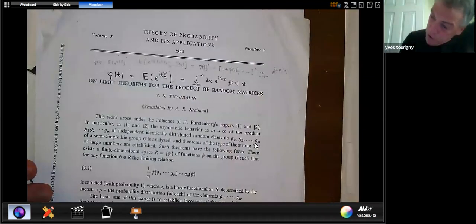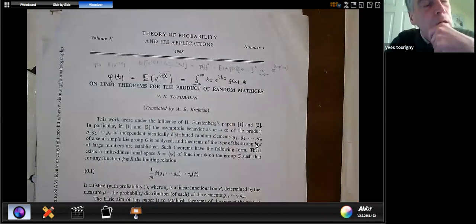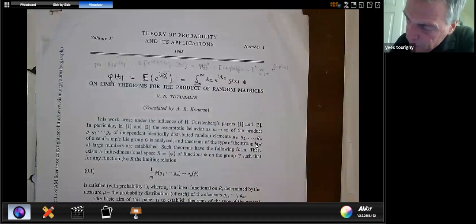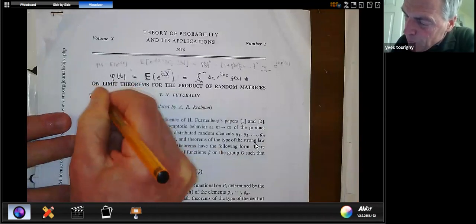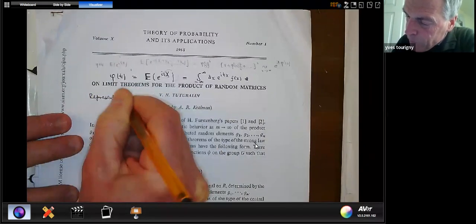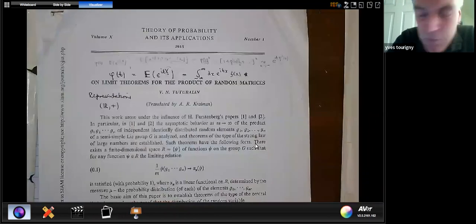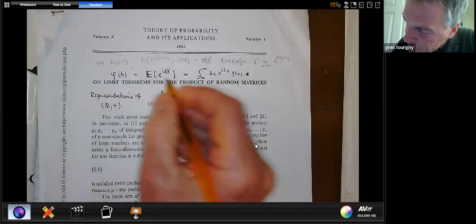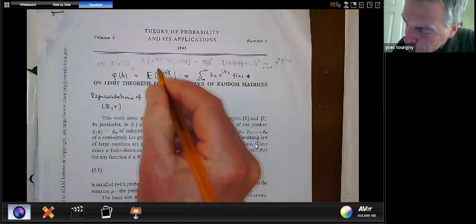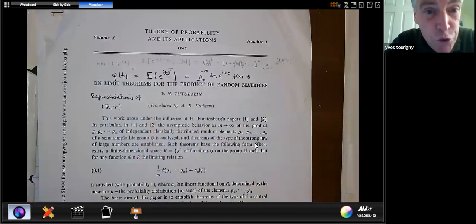Now, the Fourier transform, as a matter of fact, is, how should I say? What I want to express is that the Fourier transform arises when you consider the representations of the group of real numbers equipped with addition. And of course, it turns out that these representations are exponential functions.